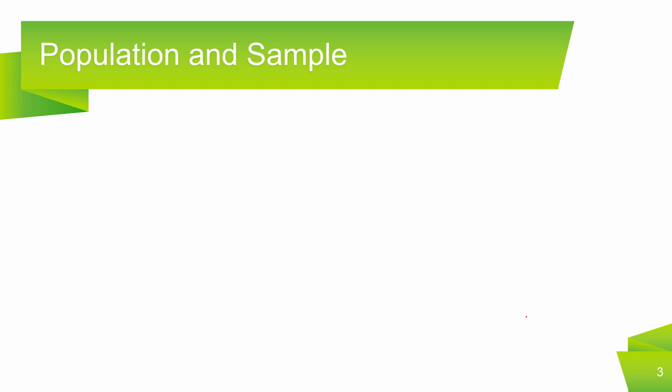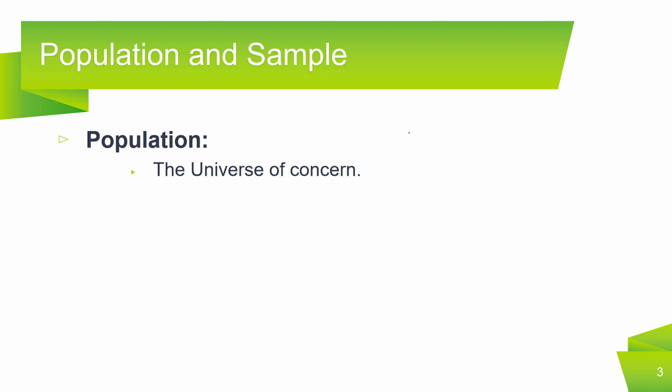The first term is population, right? So what is population? The universe of concern. That means according to your interest, the area in which you are interested, every item that satisfies the criteria to being included in your sample will be called a population.